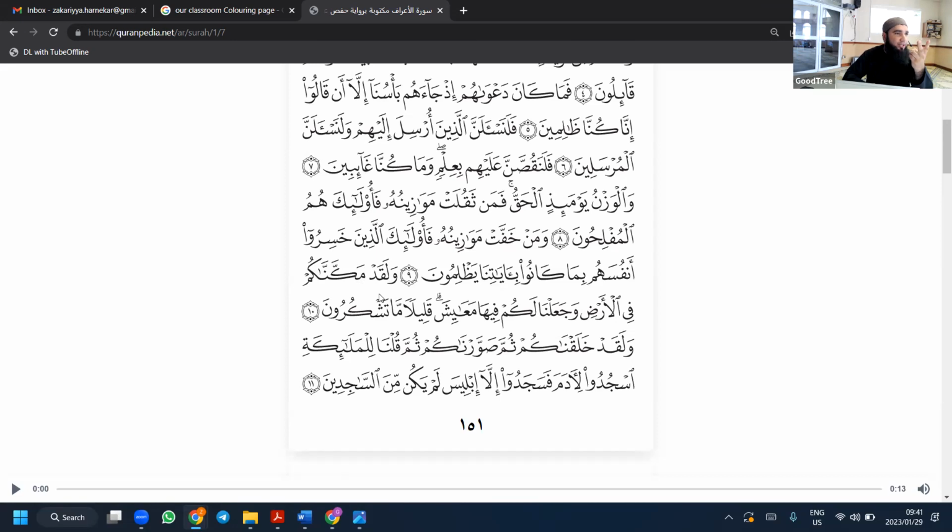Shadda on the second root letter. That's the second verb. There's no ta at the beginning. قليلا ما تشكرون, first verb. ولقد خلقنا. ثم صورناكم. Shadda on the second root letter. No ta at the beginning. So it's number two.